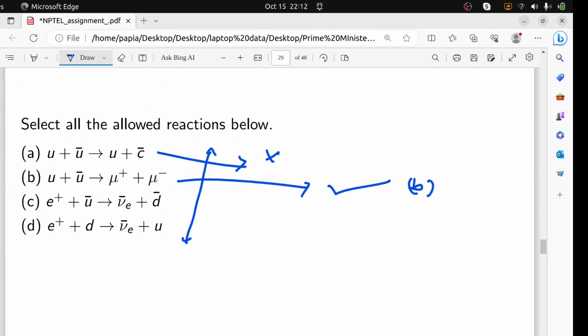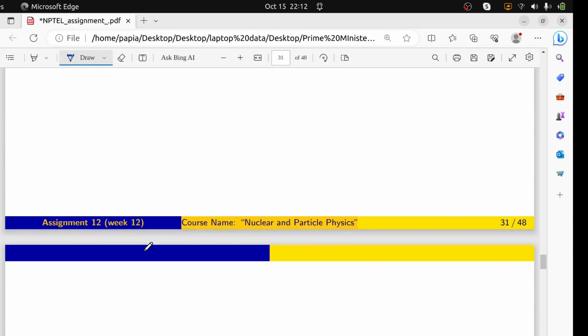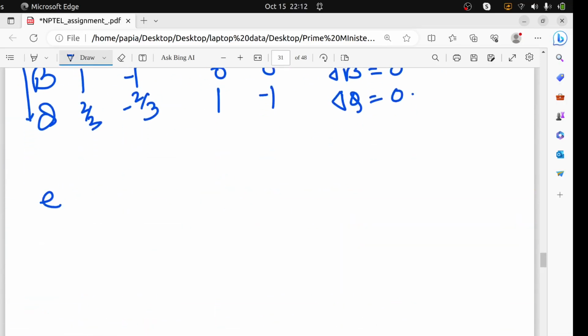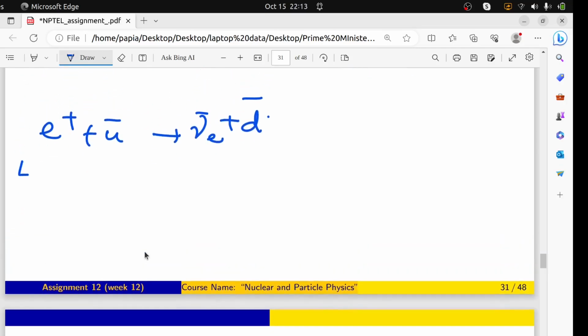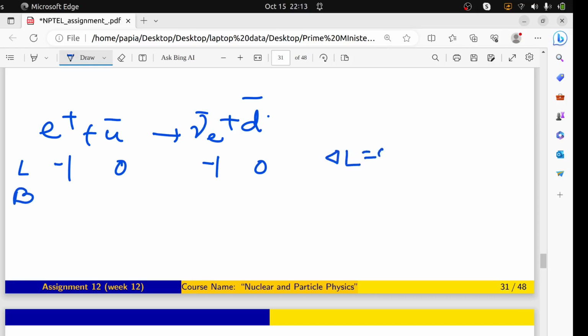Now coming to the second one. E plus U bar to mu E bar plus D bar. So quickly we will check L. What will be L here? Minus 1, 0, minus 1, 0. Then you can see delta L is 0.